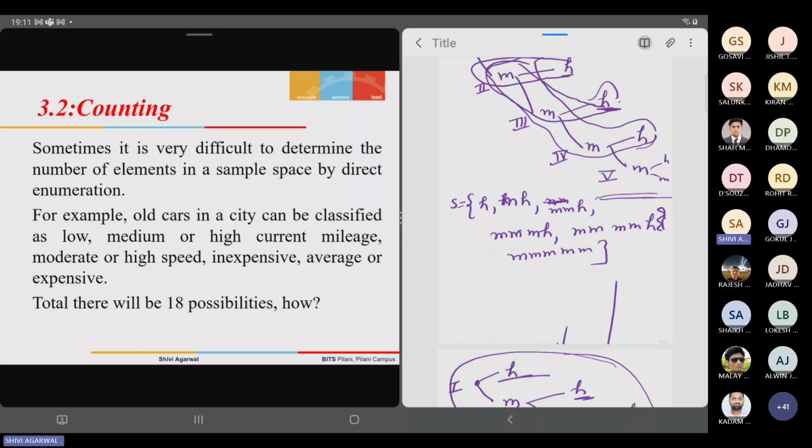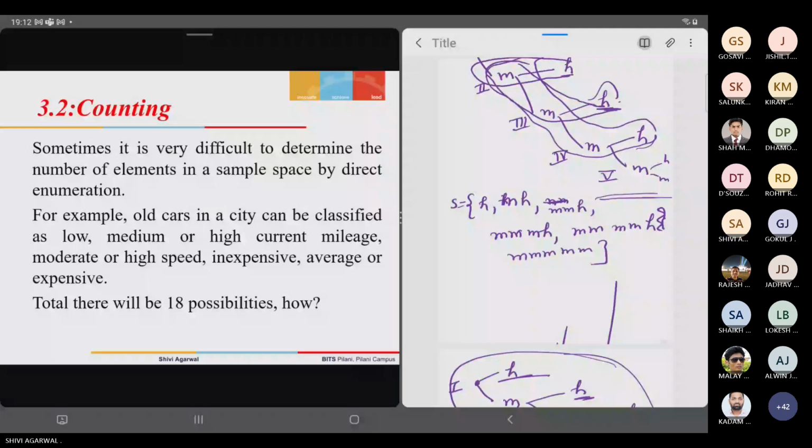Now sometimes it's very difficult to determine the elements. I will explain it, but in the last class also I explained it two times, and you just go through the slides and ask pinpoint doubts actually.